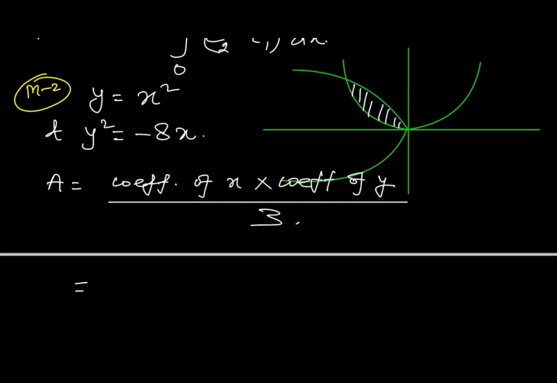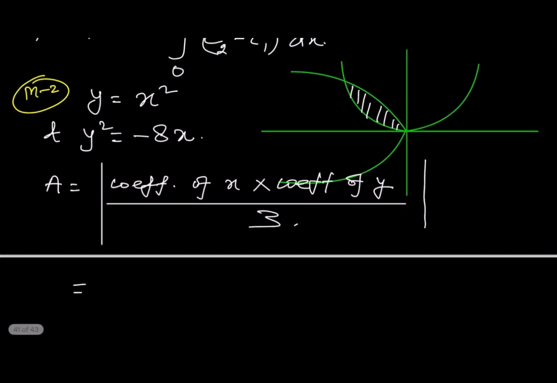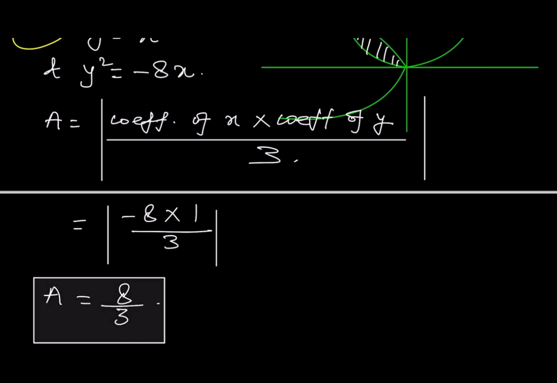And as area is non-negative, we will take the mod, because in this case the coefficient of x is minus 8. So mod of minus 8 into 1 by 3. So the area is 8 by 3, which is the required area, right?